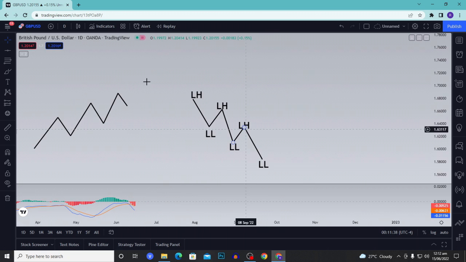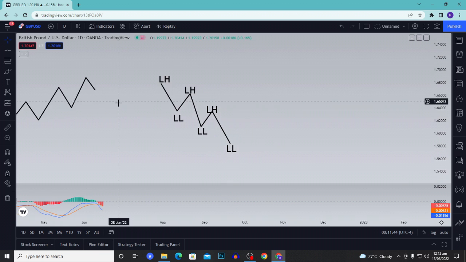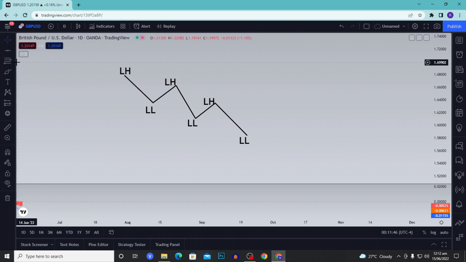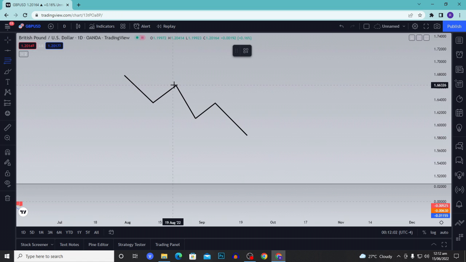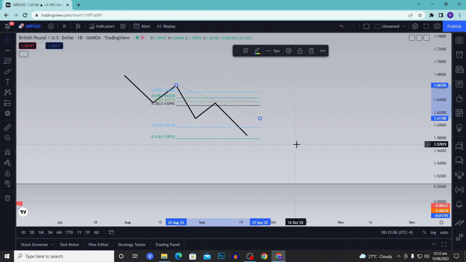On the downtrend, it's this very same thing, only the opposite way. If you're drawing your fib on a downtrend, remember to go to the daily time frame first. You draw your fib from the top of the impulse move all the way down to the bottom of the impulse move, like this.